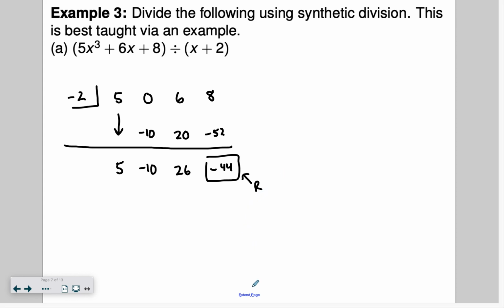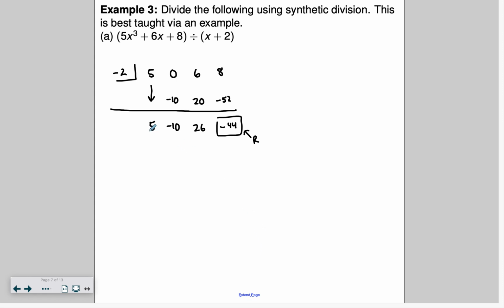So what's our answer of division? Our quotient, q of x, is the constant term, x to the first term, x to the second term.